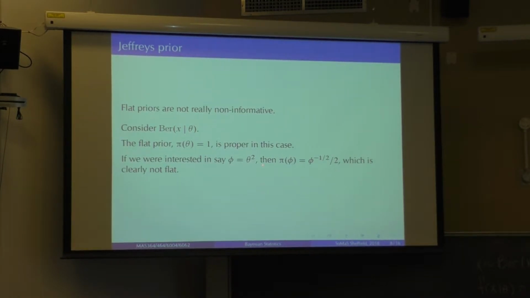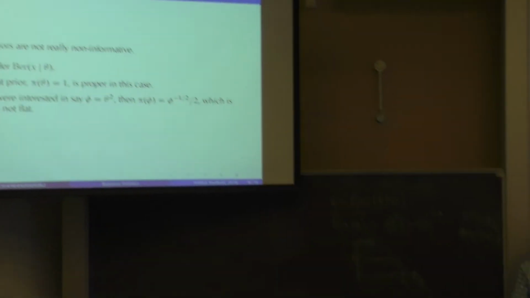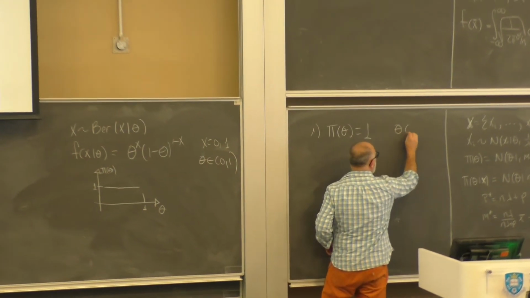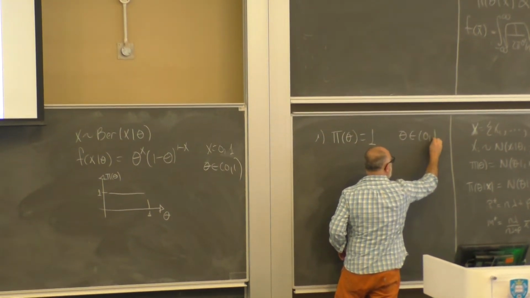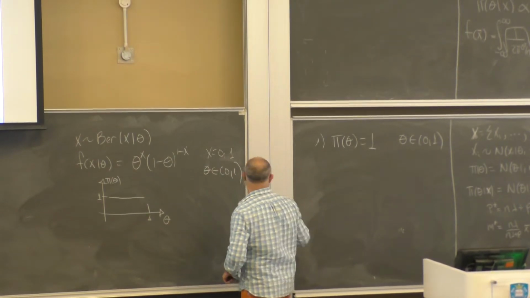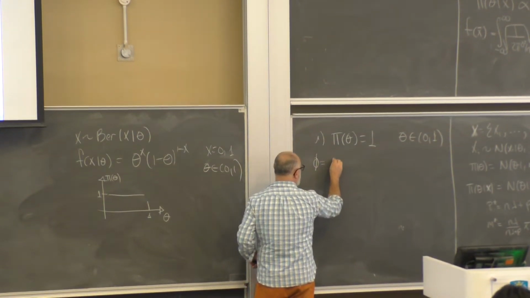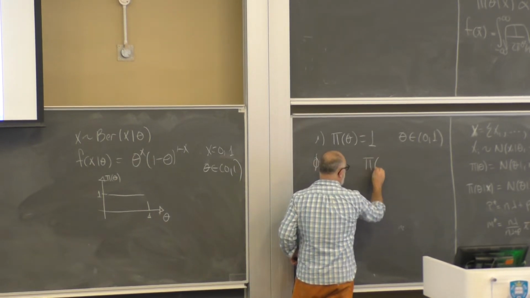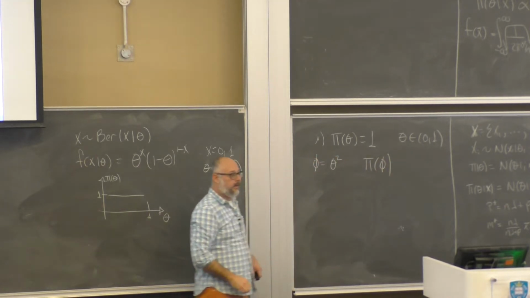But the prior that I get from my uniform here, and I will do this here so you can refresh your memory on transformations of random variables. So I'm saying pi of theta is 1, is uniform for theta in [0, 1]. And now I have phi equals theta squared, and I want to find the distribution pi of phi, okay?